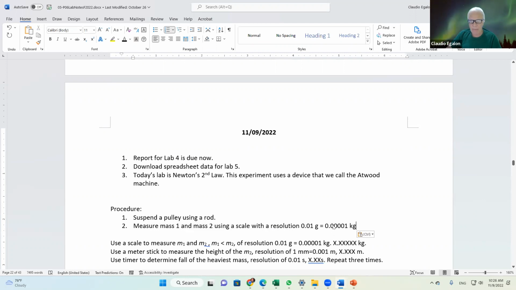You're going to end up having 5 decimal places in the kilogram, and you write down your mass in your scale with 5 decimal places in the kilogram.